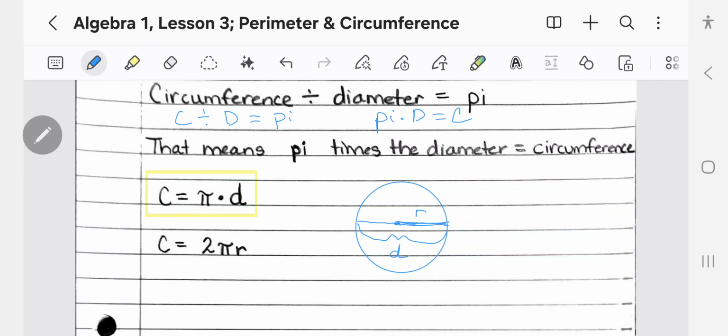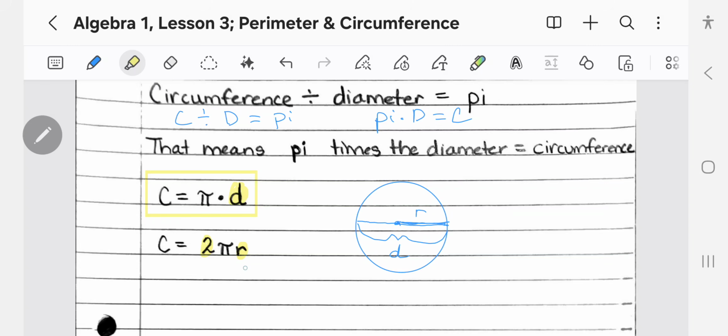So they often write the formula as well, 2 times the radius times pi. So 2 pi r is the same thing as pi times the diameter, because the 2r is equal to the diameter above. This times this is equal to this. Now, why do they split it and put the pi in the middle?